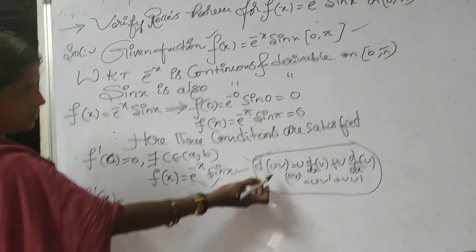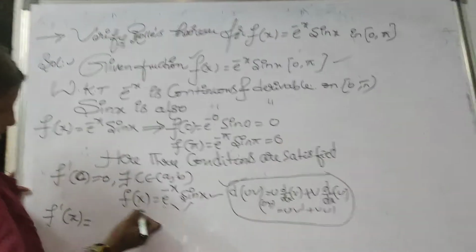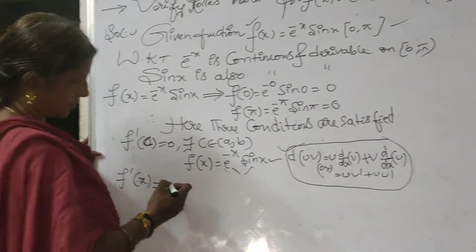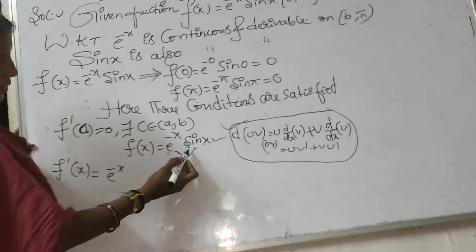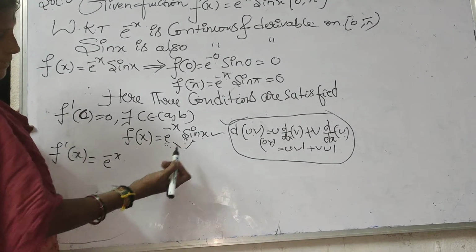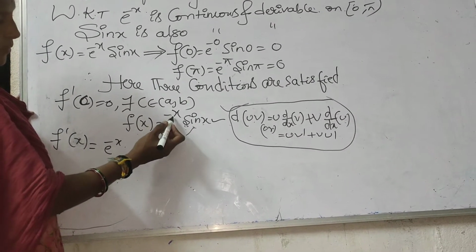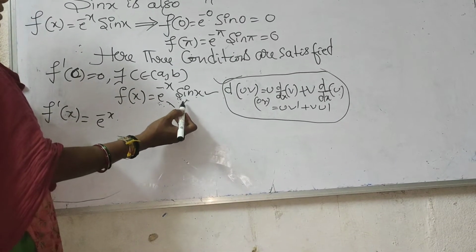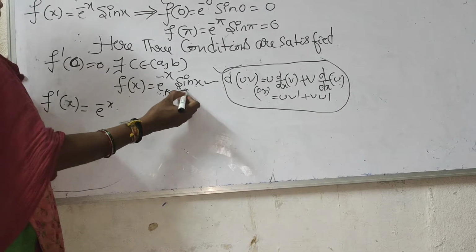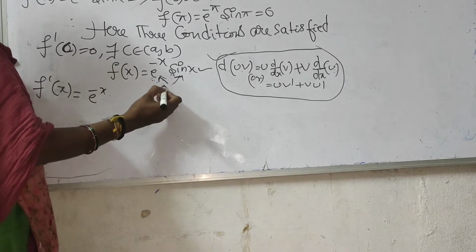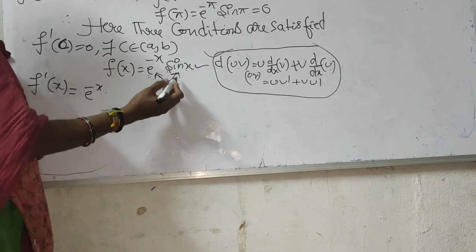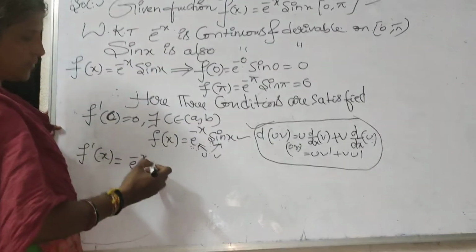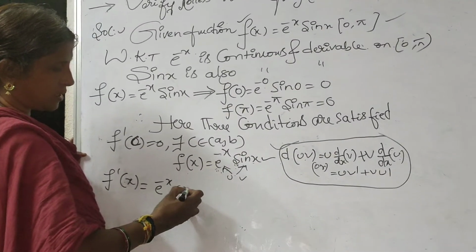Now using the formula, u into d by dx of v, that is e power minus x into d by dx of sin x; here e power minus x is the constant. Here u is e power minus x and v is sin x. Differentiation of sin x is cos x.